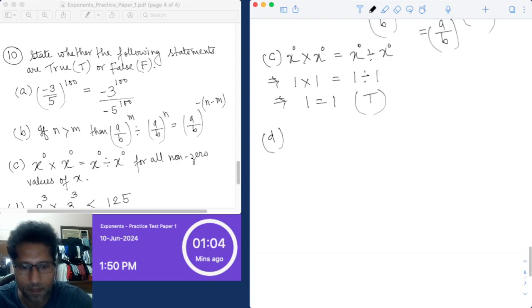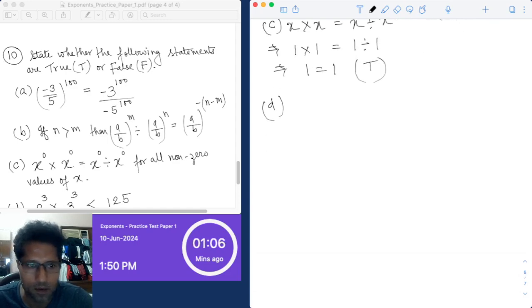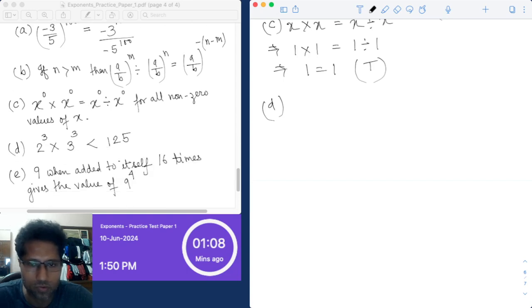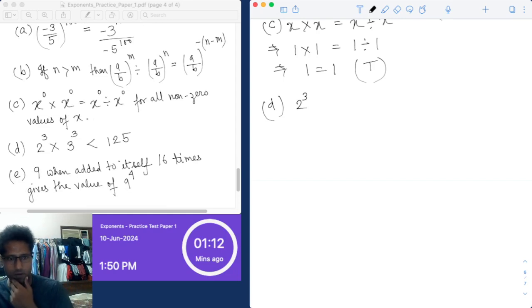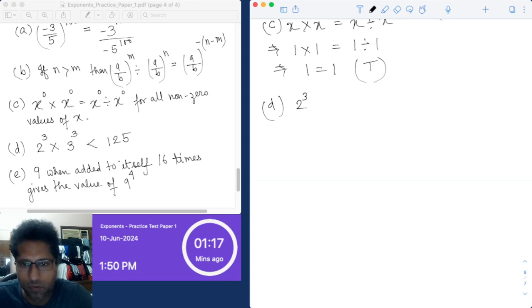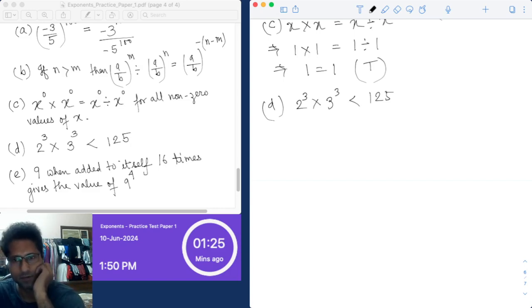D. 2 to the power 3 multiplied by 3 cube is less than 125. Maybe the time is over, so I couldn't solve all the questions, but anyway I will solve it. For comparing this kind of numbers, we have an exponential on the left hand side and a number on the right hand side.